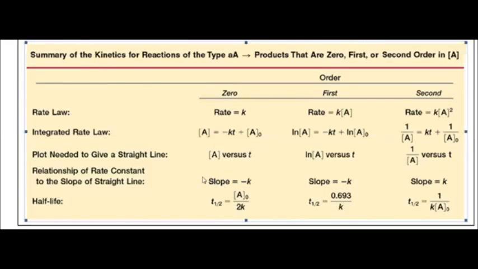Also, this next row where it says the slope is negative k, and then for a second order positive k, that just reinforces this middle row. So again, take what you want from this. For calculations, we'll only do first and second order type reactants.